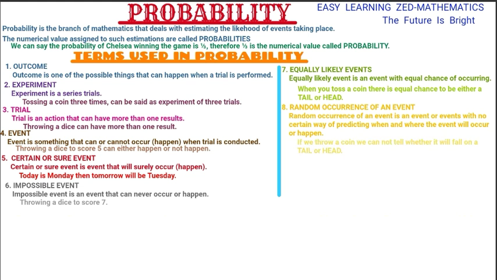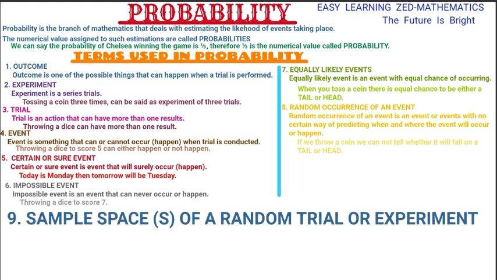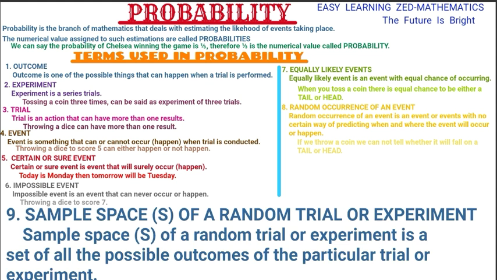Let's come to point number 9. Sample space of a random trial or experiment. The sample space of a random trial or experiment is a set of all the possible outcomes of a particular trial or experiment. This is where you put all the possible results in one set. For instance, if you toss a coin, the possible result is either the head or the coat of arms.